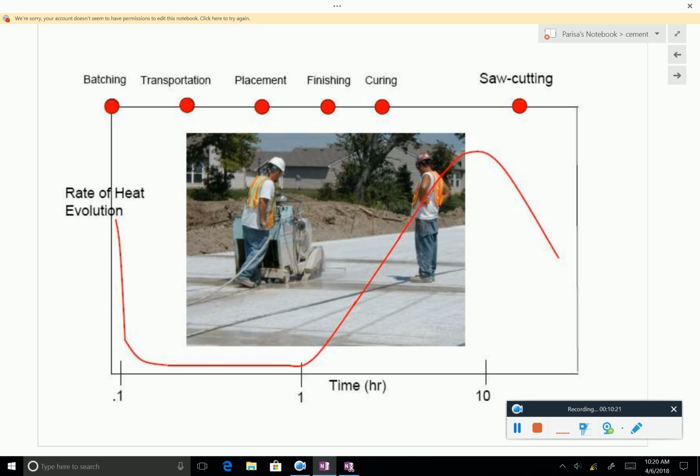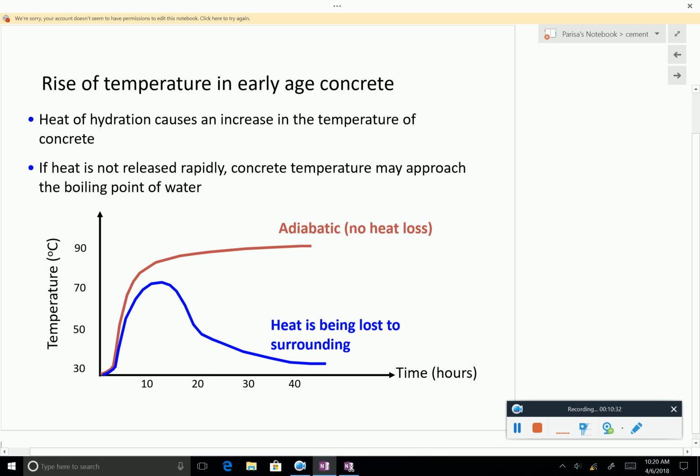Any questions? Everyone has the curve. Make sure that things align correctly and you know why things are happening.